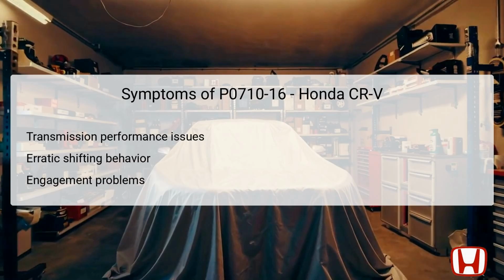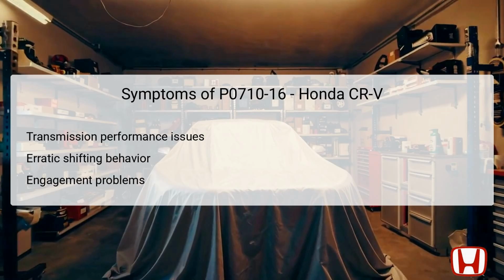When facing DTC P0710-16, several symptoms may manifest, indicating potential transmission-related issues. Drivers may experience noticeable performance troubles, including poor acceleration or sluggishness during operation. Erratic shifting behavior can occur. This may entail harsh shifts or delays when changing gears, which compromise driving comfort and safety.